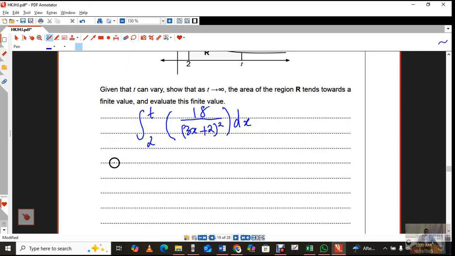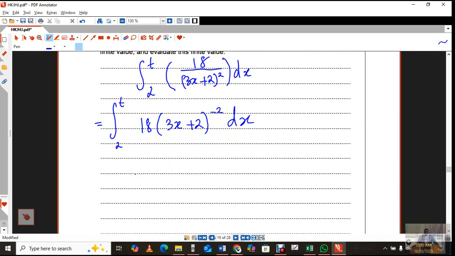So I can rewrite this function as 18 times (3x plus 2) raised to the negative 2 power, integrated with respect to x. Hopefully, you also recall from your rules how you integrate these types, where you have (ax plus b) raised to the n with respect to x.